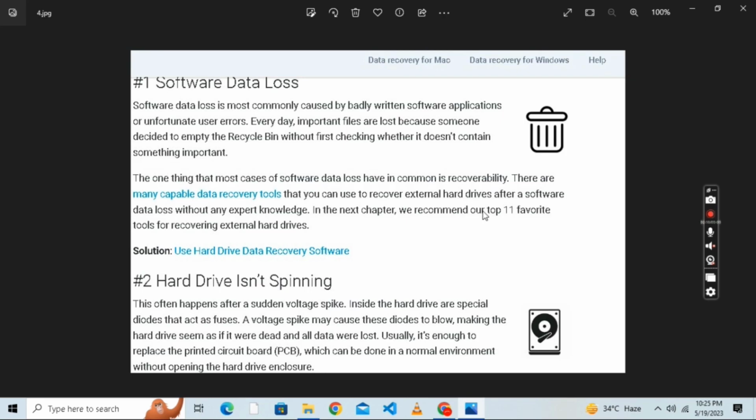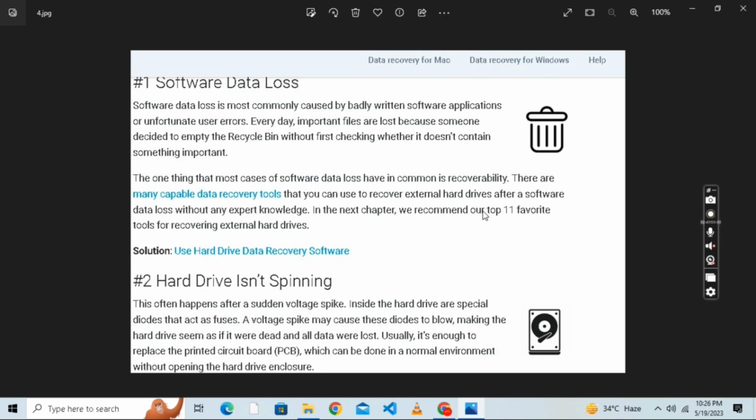Software data loss. Software data loss is most commonly caused by badly written software applications or unfortunate user errors. Every day, important files are lost because someone decided to empty the recycle bin without first checking whether it contains something important.